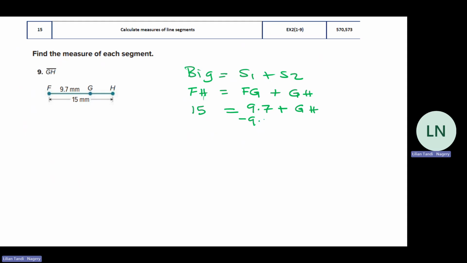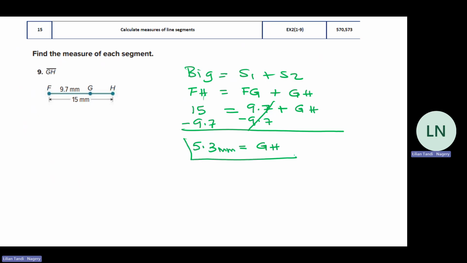We subtract 9 7/10 on both sides. This will give us 0. This will give us GH. And then 15 minus 9 7/10 should be 5 3/10. Okay? And our unit of measurement is millimeter. And then we box our answer.